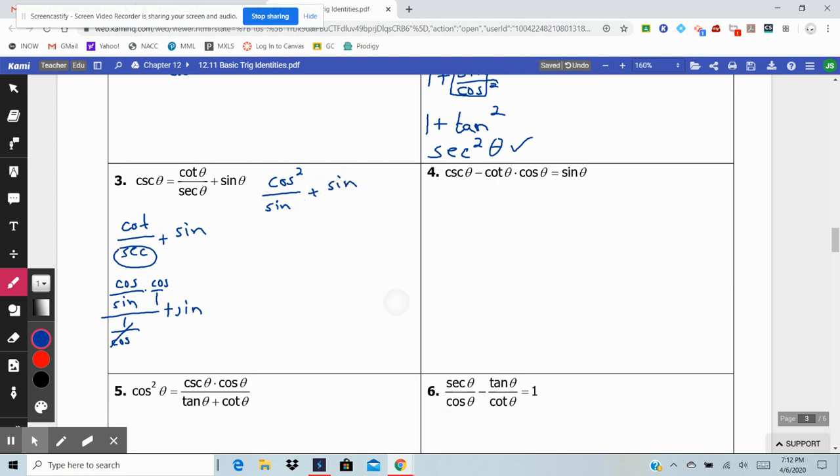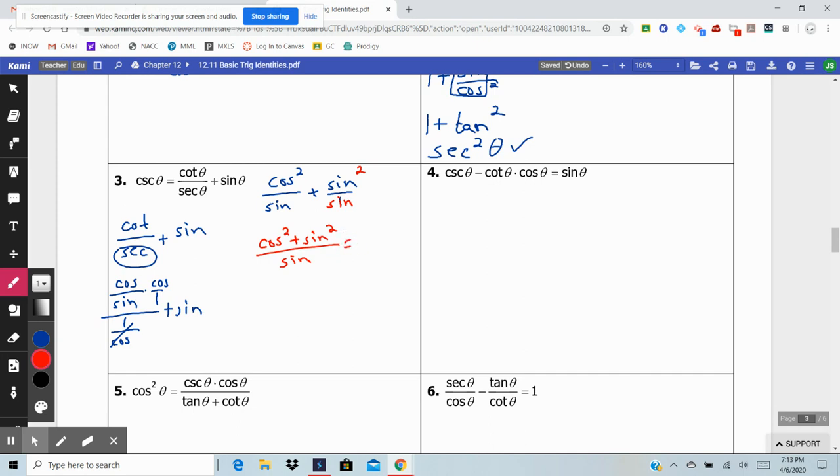Obvious thing to do now is to actually add these two together. So I need a common denominator. In order to find that common denominator, I'm going to multiply top and bottom by sine. So I've got a sine on the bottom and I have a sine squared now on top. Combine the two and I have cosine squared plus sine squared, that sounds familiar, over sine.